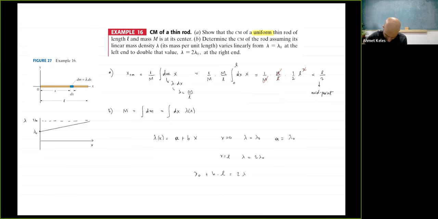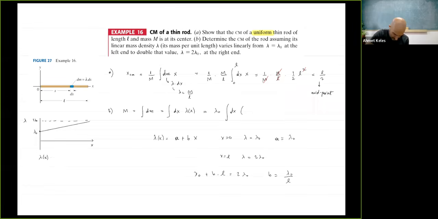Then, okay, b is equal to lambda 0 divided by L, right? So let me write that. This is lambda 0 dx.